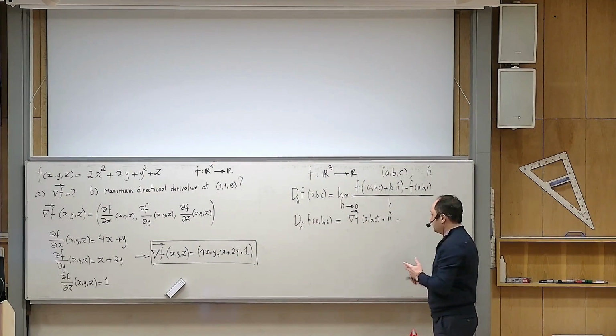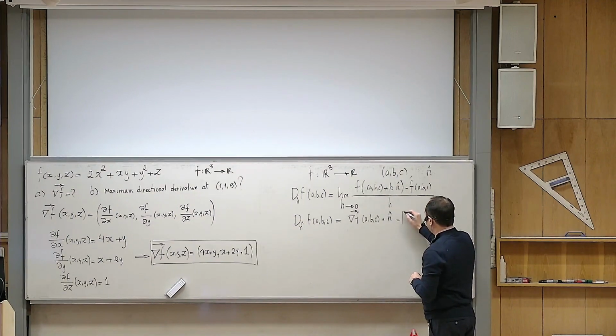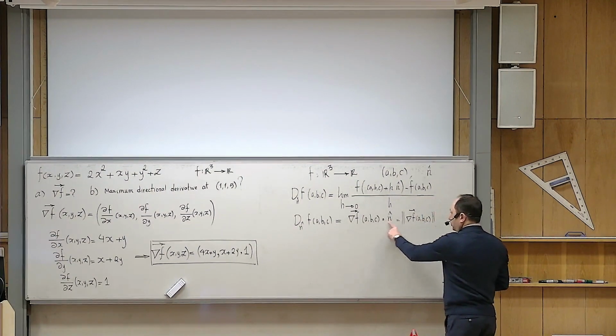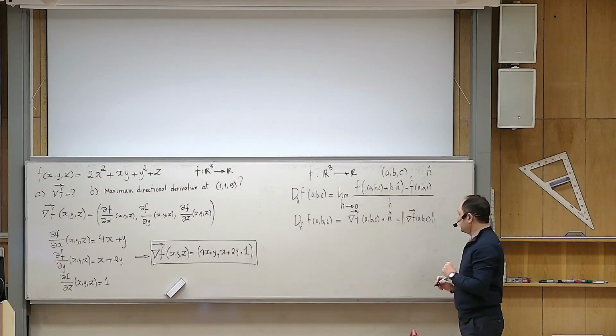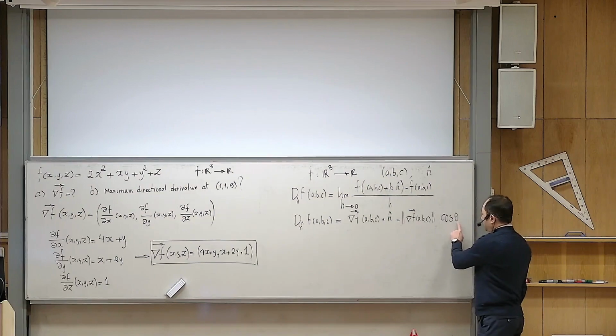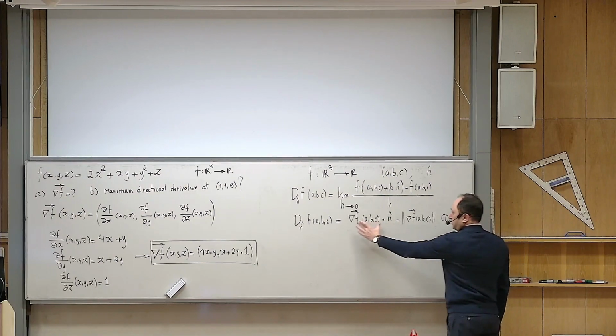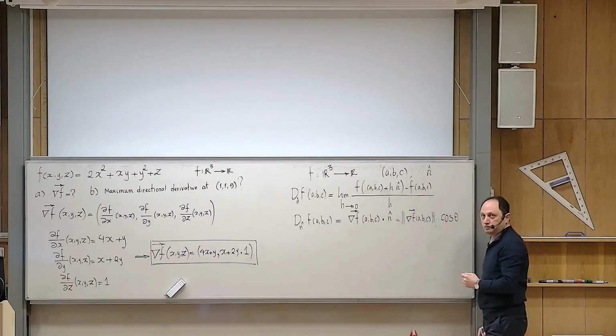By the definition of the dot product, this is equal to the norm of the first vector multiplied by the norm of the second vector, but it is 1 because I'm assuming that n is the unit vector, so I don't write it, multiplied by the cosine theta, which is the angle between this vector and that vector.